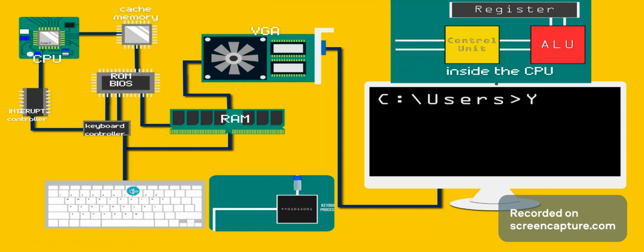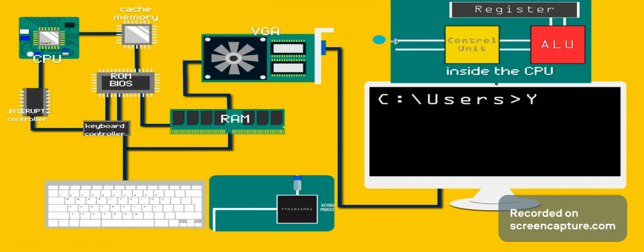The keyboard will send a signal to the keyboard controller. The keyboard controller is an interface between the computer and the keyboard, and it sends the signal onward, focusing the command that comes from input, and it will continue to the CPU.